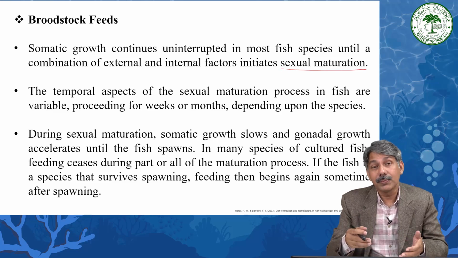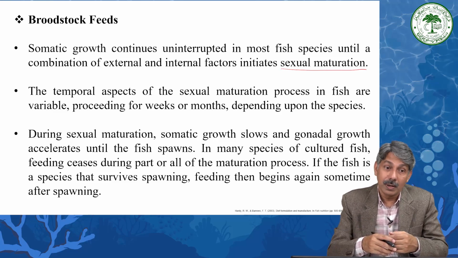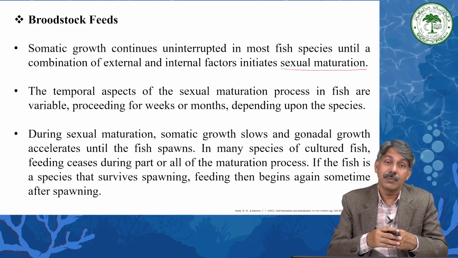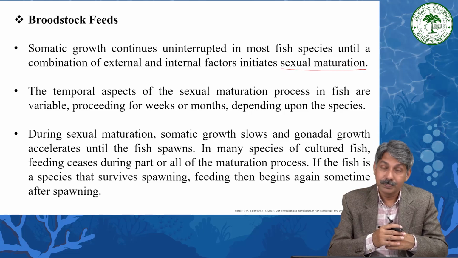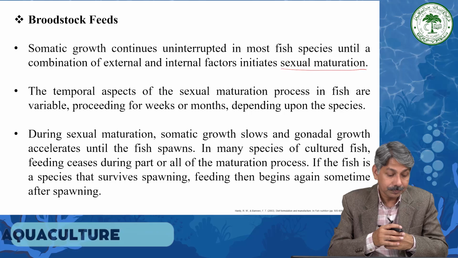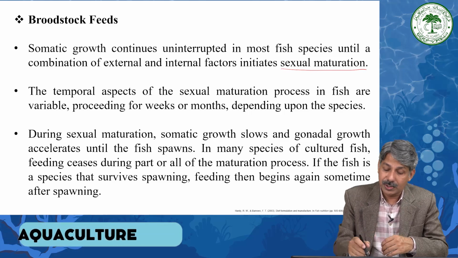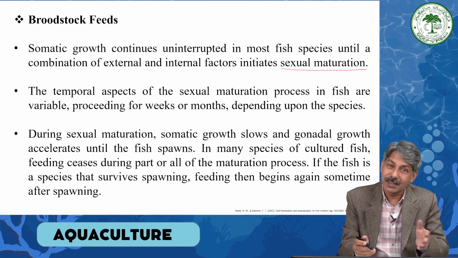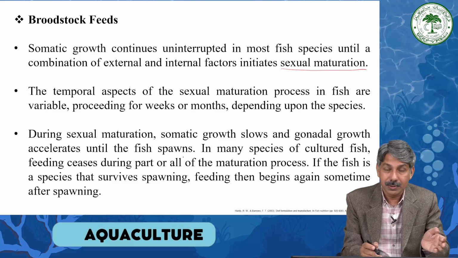So, depending on the fish which you are culturing, you will have to take the decision of providing what kind of diet, having what kind of nutrients, is required for gonadal maturation. During sexual maturation, somatic growth slows and gonadal growth accelerates until the fish spawns, that we all know.